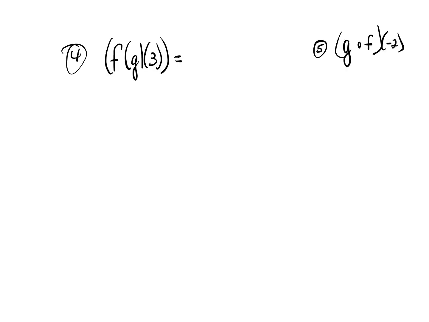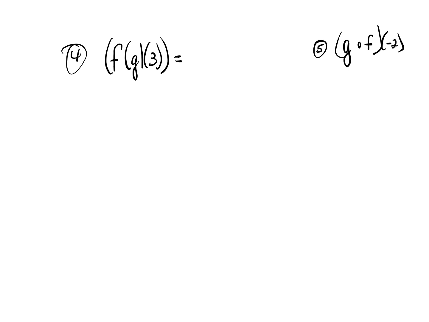Now they want us to plug in different numbers with the same equations we had before. So I'm going to write the equations before we work them out. Here we have f composed of g of 3. So the f of x and the g of x are the same ones we had before. So you can either grab it from what we did before, or you can plug it in as we want.